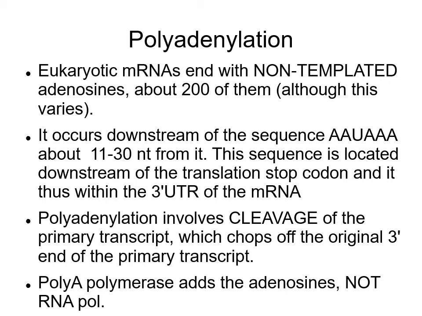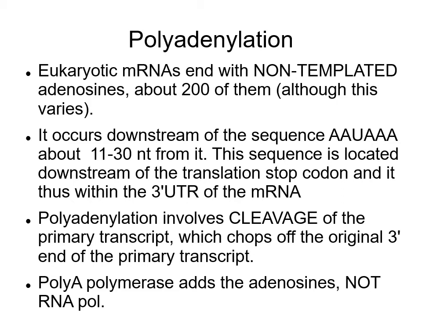This occurs after a particular sequence, which is AAUAAA in the RNA, AATAAA in the DNA. And the actual polyadenylation occurs about 11 to 30 nucleotides after, or downstream from, this. So this polyadenylation signal is located within the 3' UTR after the translation stop codon.